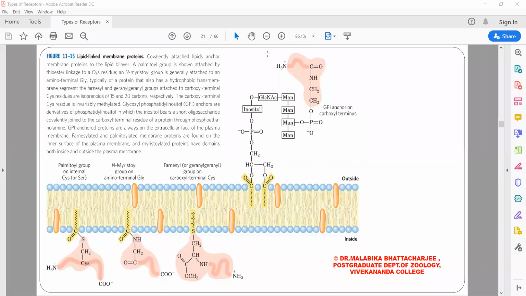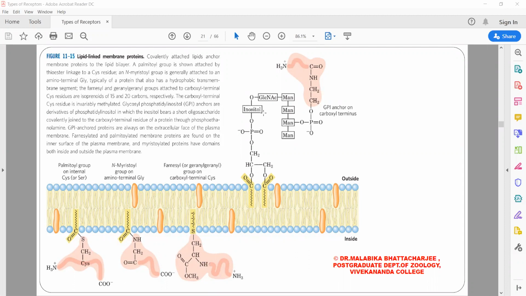And this is a very important category of protein known as GPI anchored protein, always found on the outer surface of the plasma membrane. As you can see, this is the main protein which is anchored to a phosphatidyl ethanolamine group, which is again attached to a small carbohydrate residue, and this carbohydrate is again attached to phosphatidyl inositol.